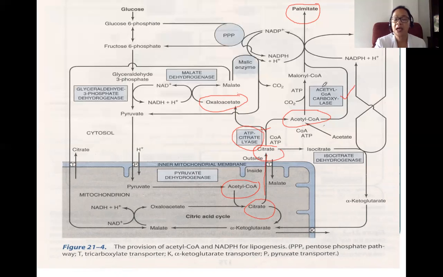Carboxylation means there is an addition of a carbon molecule, so it utilizes one molecule of carbon dioxide and an ATP. It requires this energy to form malonyl coenzyme A, which is the initial and controlling step in the formation of your palmitic acid.